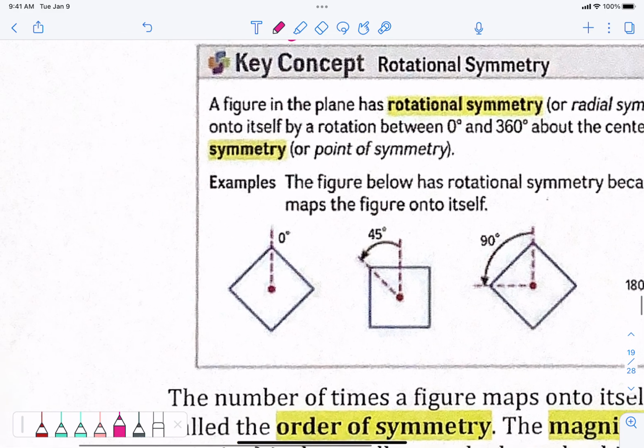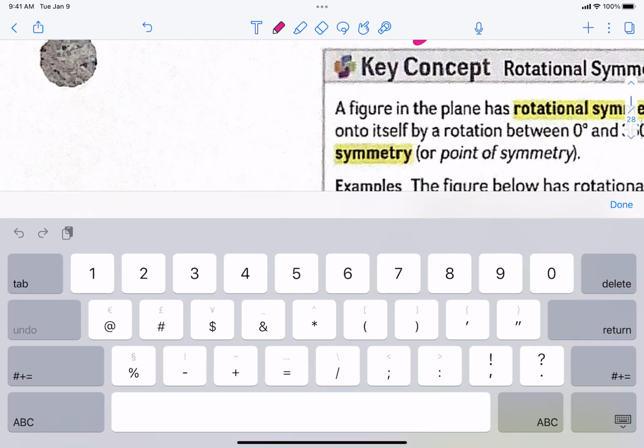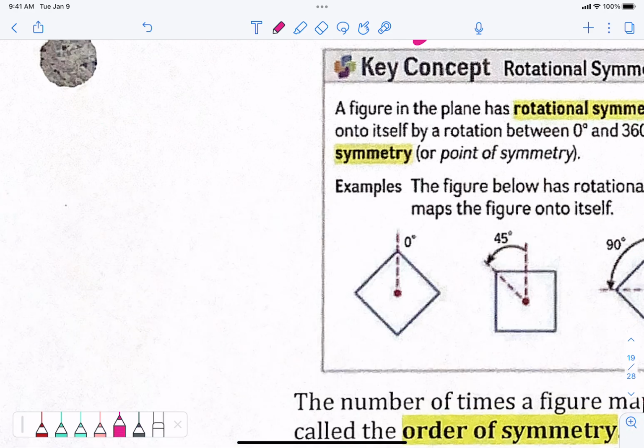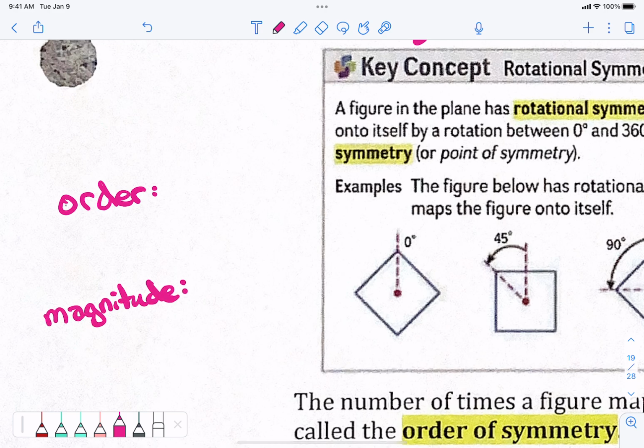Now let's talk about rotational symmetry. There are 2 things that you will need to remember. This is the hardest part of the whole thing, and it's really not that bad. You need to remember order, and you need to remember magnitude. Here's what order and magnitude are for rotational symmetry.